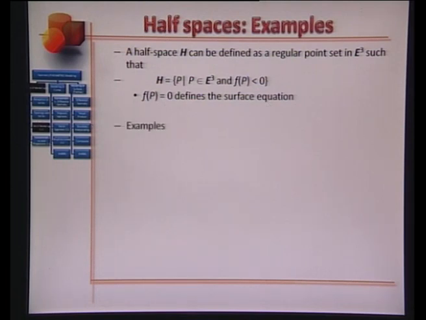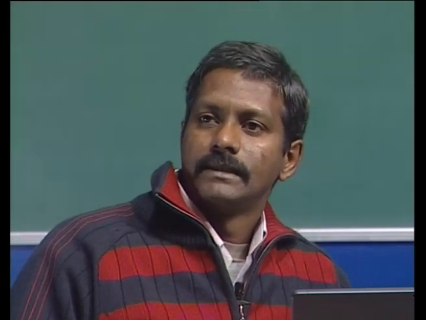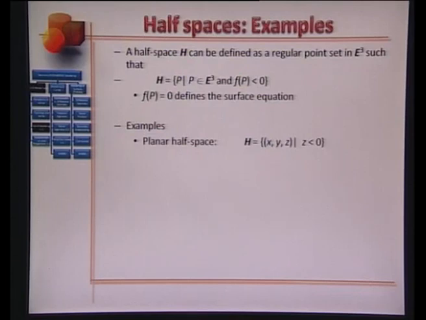For example, a planar half space H equals a set xyz so that all z values are smaller than 0. This example corresponds to the x-plane. It is a set of all points in the 4 lower quadrants of the Euclidean space for which all the z values are smaller than 0.